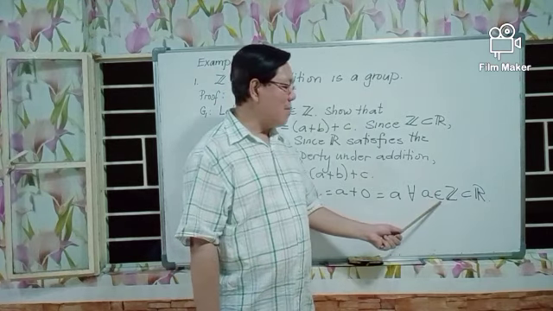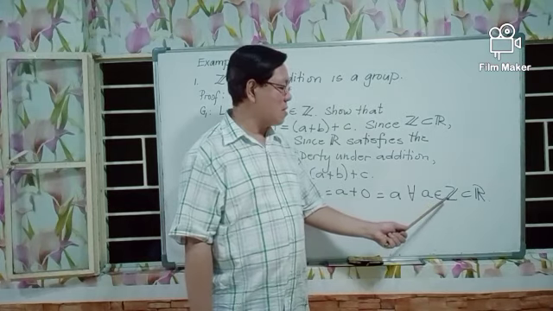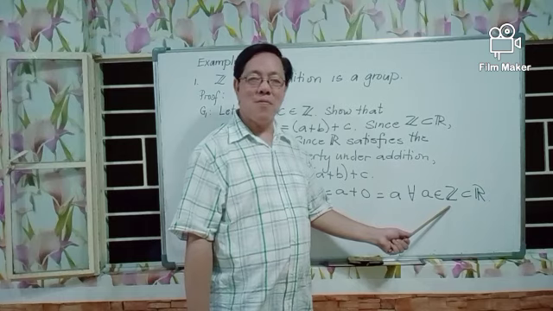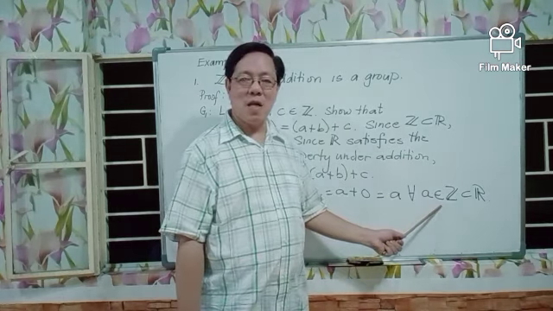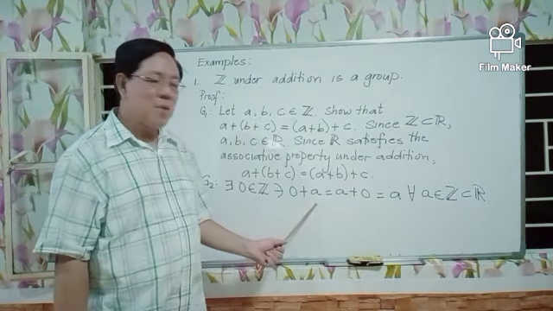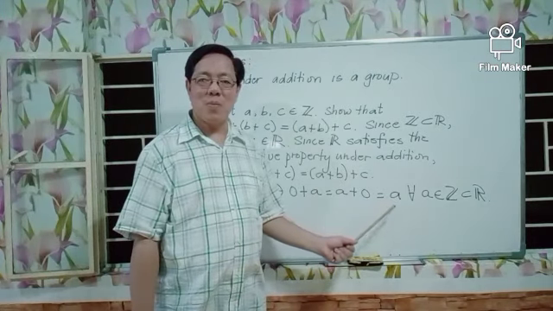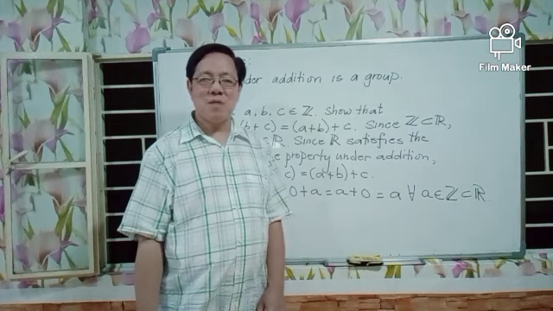If A is element of Z, then A is a real number because Z is a proper subset of R. That is, every integer is a real number. So if 0 is added to any other real number, the sum is that real number. And that's one of the properties of the set of real numbers.